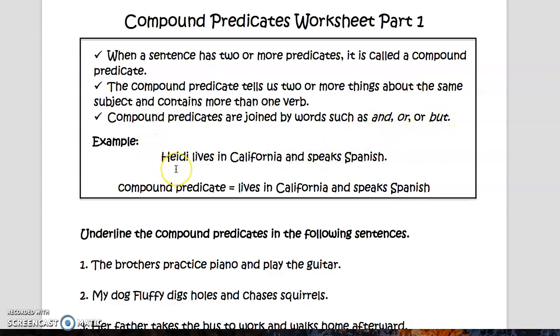Here's our example. Heidi lives in California and speaks Spanish. So our compound predicate is lives in California and speaks Spanish, right? Our 2 action words, lives and speaks.